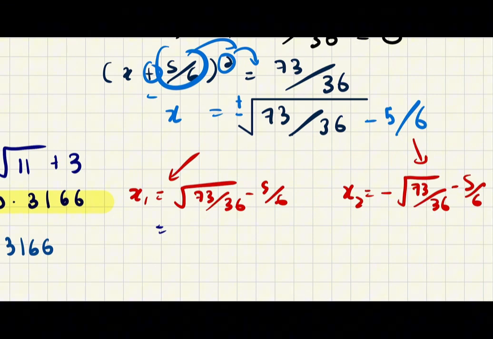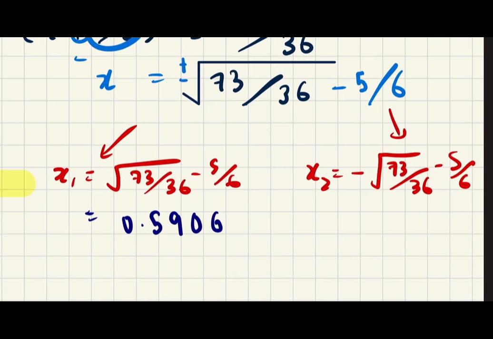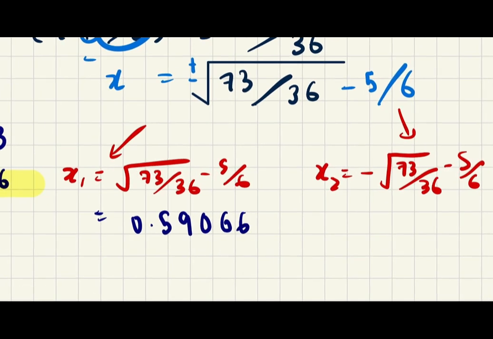Okay, you will get 0.5906. Okay, this is for SF. Okay, but then there's another 6 after that. What you should do is you round it off, you get 0.5907, right?